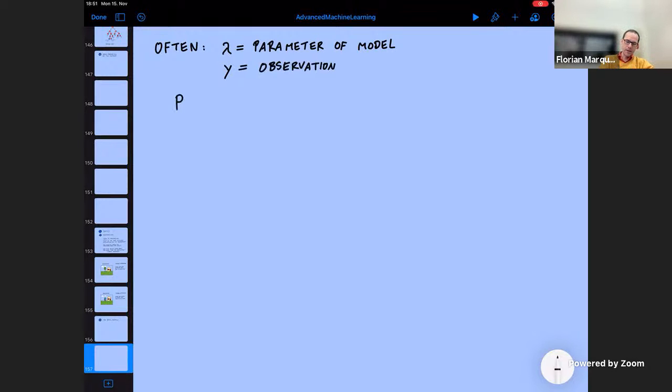And then the p of lambda, or the probability of a certain model that occurs in the formula before, we would call that the prior distribution. It is prior before our observation. And then P of lambda given y, so to speak, the probability of a model given the observation, we call that the posterior distribution, after the observation.